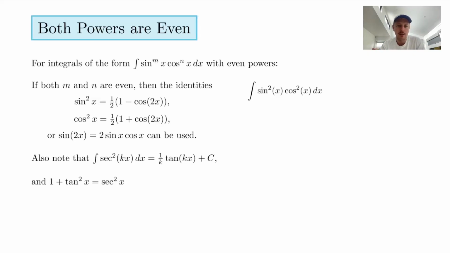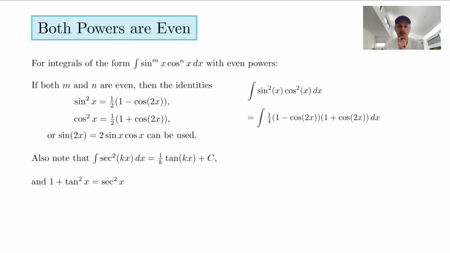Given the identities we've already seen, hopefully you can see what a good first step might be. The first part of the integral is sin²x, so we replace that with a half multiplied by (1 minus cos 2x).